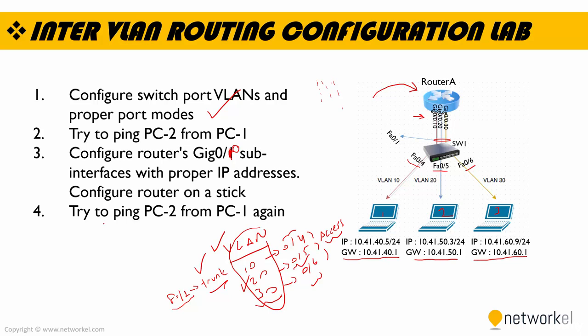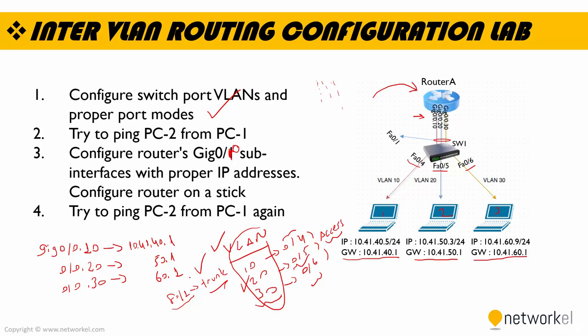So I'm going to assign this sub-interface the IP address of the gateway of PC1. This sub-interface should have an IP address ending in 51, and this sub-interface should have an IP address ending in 61.